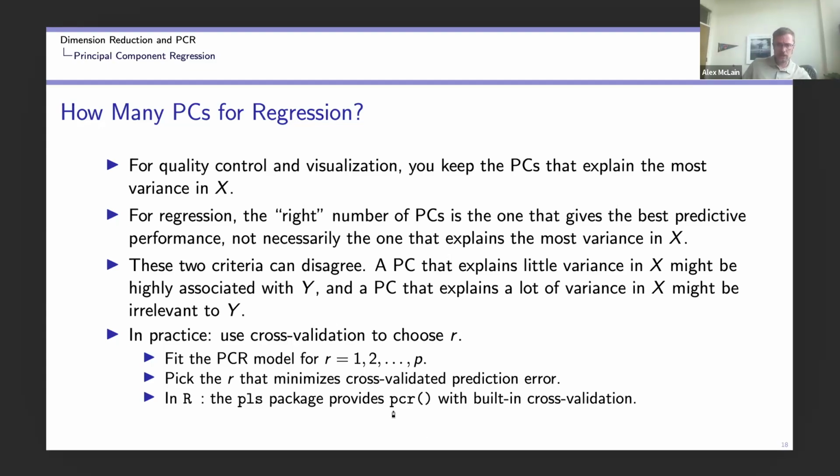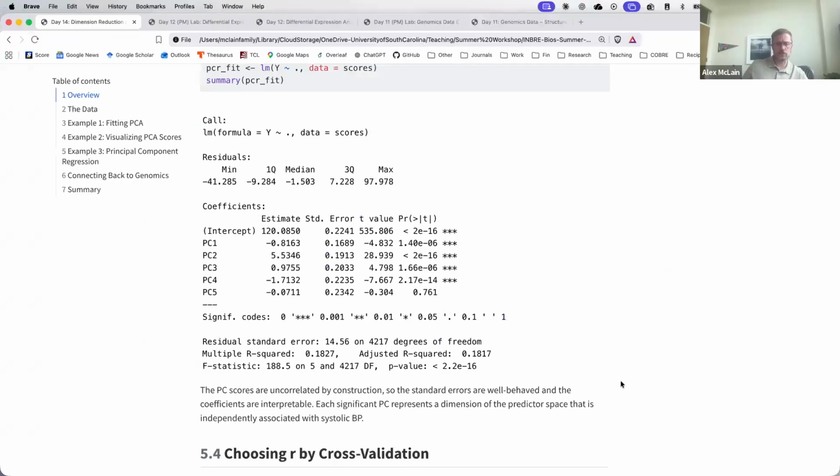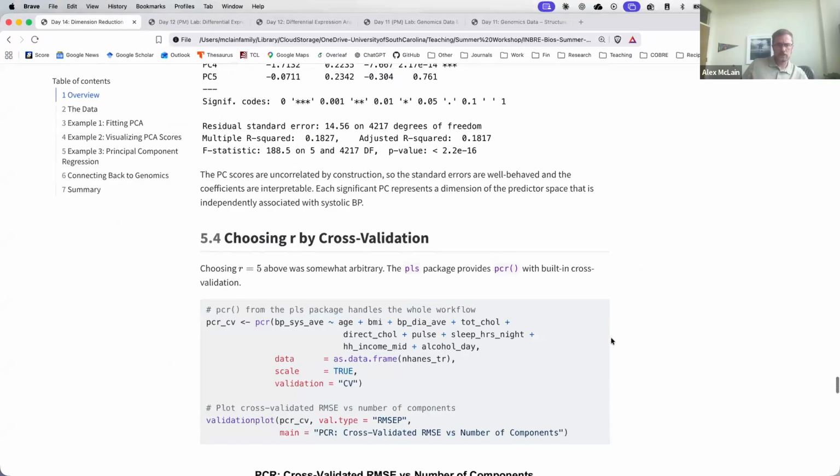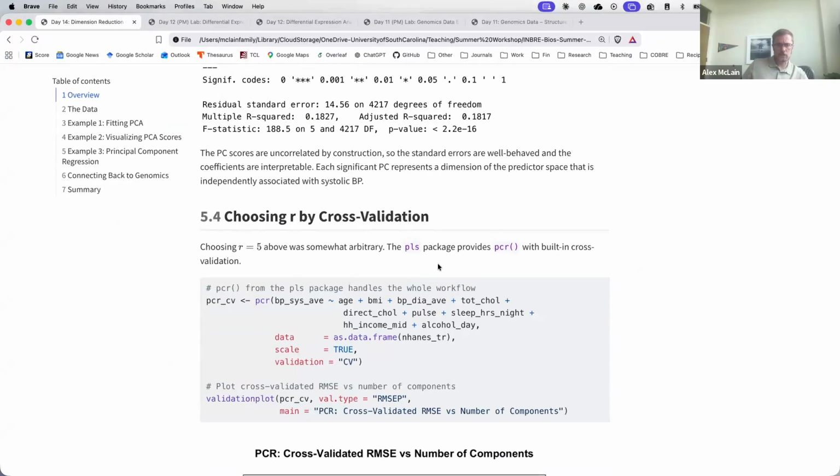This function, PCR in R, is going to have this capability where it can do cross-validation to help us select the number of principal components to choose. And I think here the results are pretty interesting. So here we're going to use this function, PCR.